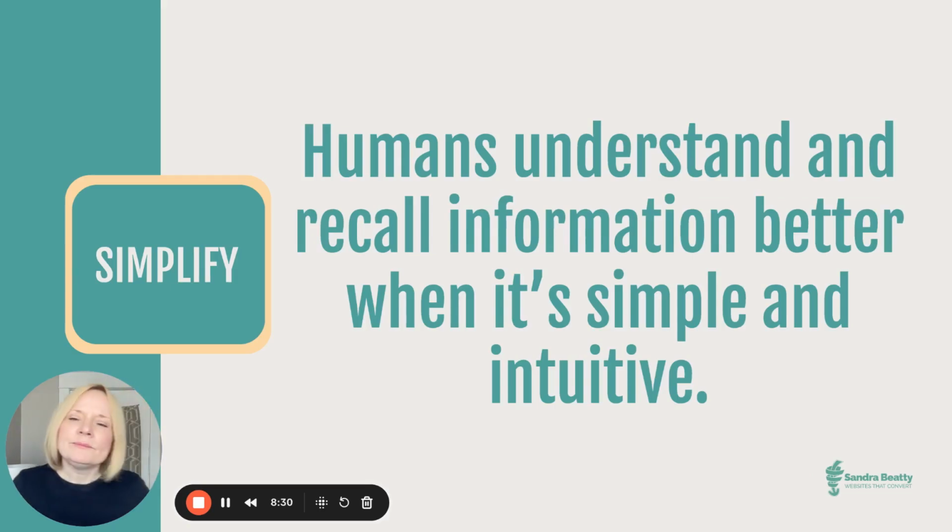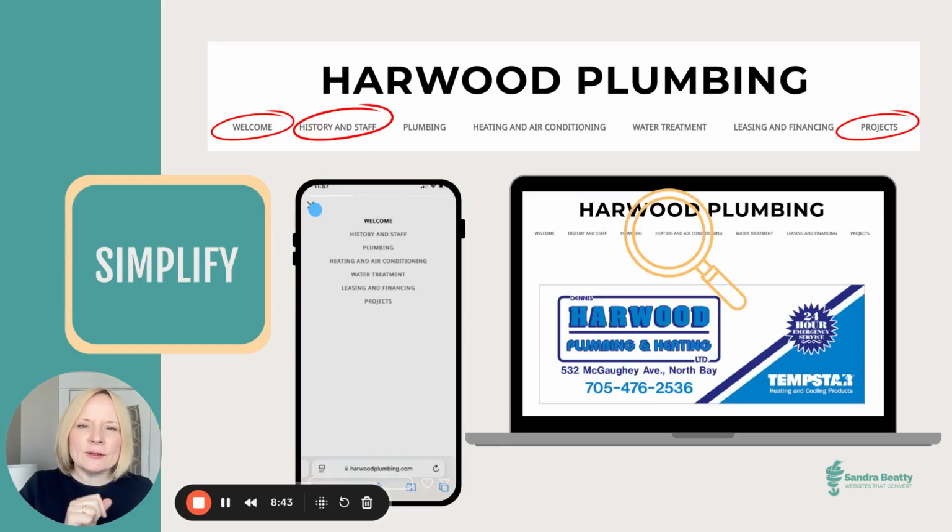And third, simplify. This is very, very, very important because humans will understand and recall information better when it's simple and intuitive. So I'm going to show an example here, Hardwood Plumbing, of their navigation. So this is an example where it's too much information.